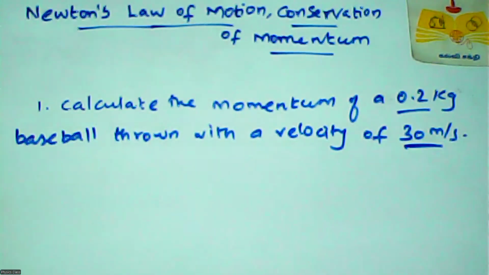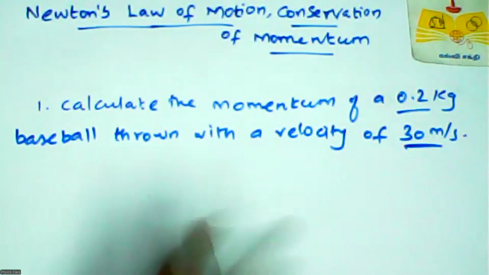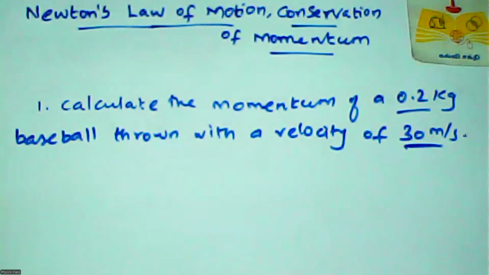So this is the first question. Calculate the momentum of a 0.2 kg baseball thrown with a velocity of 30 meters per second.